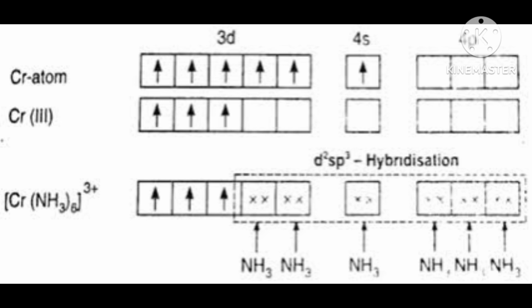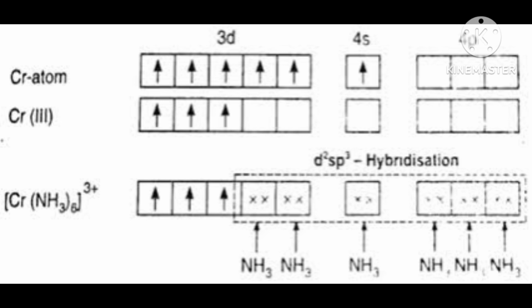And these 6 pairs of electrons, now who will give? The fluoride ion, which has 1 negative charge, that you know. But what is the main thing, sir?